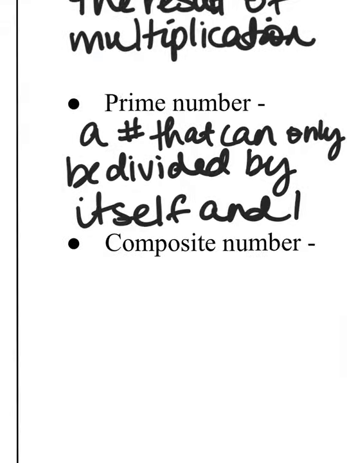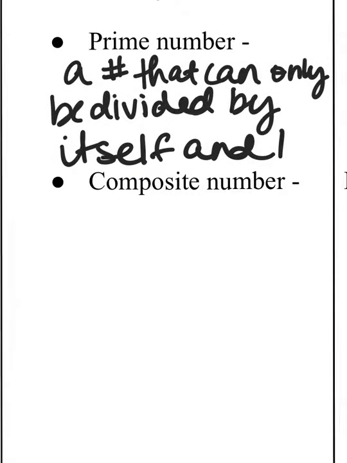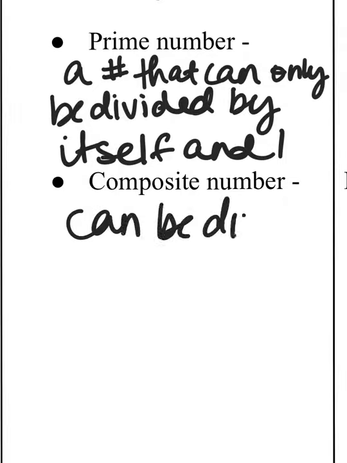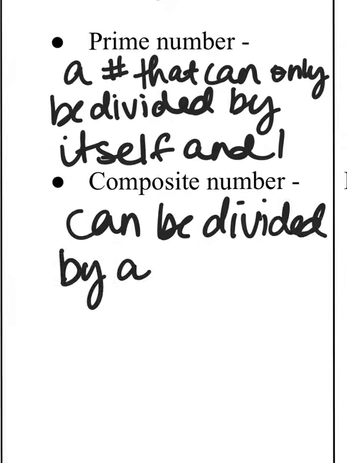so a composite number is a number that can be divided by a number other than 1. Okay? So let's think about those for a second. Okay?